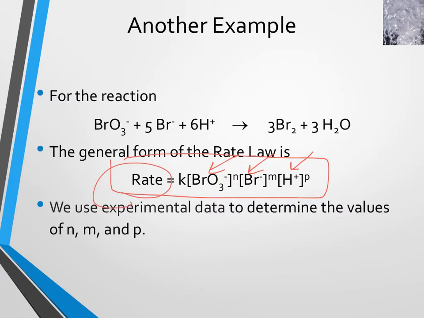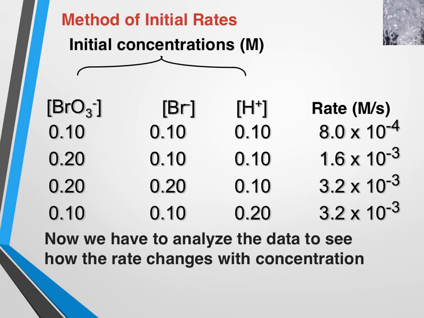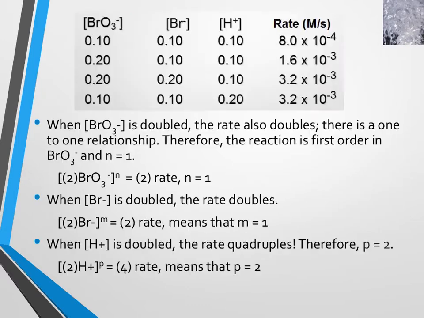There are 3 reactants. You have to investigate them separately to find their exponents or the orders. On the next page, there's going to be a table of data, and I want you to see if you can find these orders of reaction. So here's the table. What I recommend now is putting the video on pause and seeing if you can figure it out yourself, and then I will go over it.